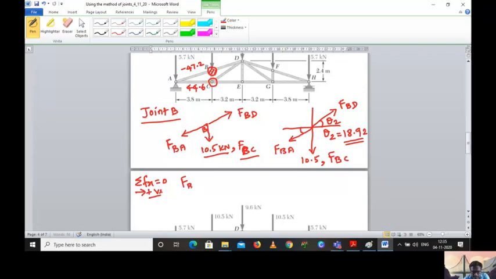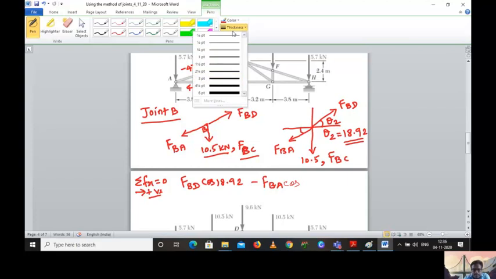That is FBD cos 18.92, that is positive, and then you have FBA, that is minus FBA cos 18.92. I will increase the thickness.